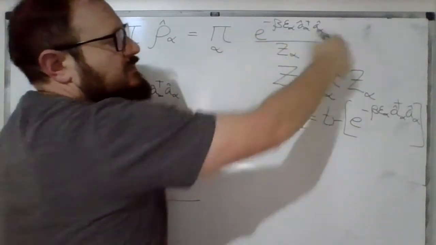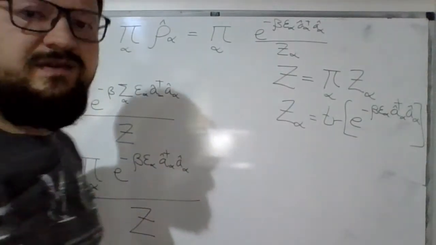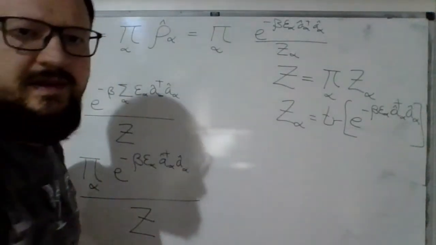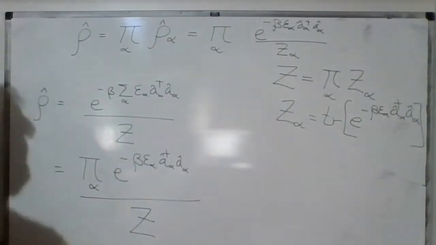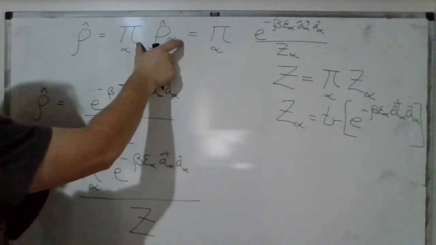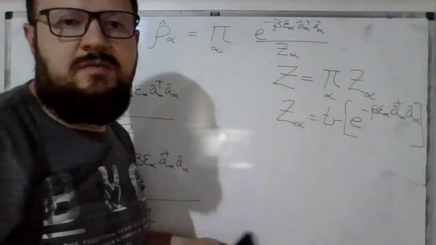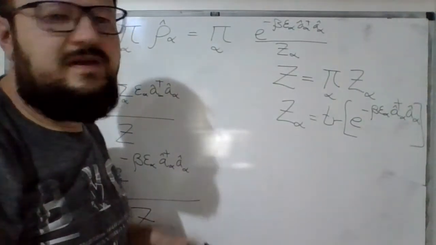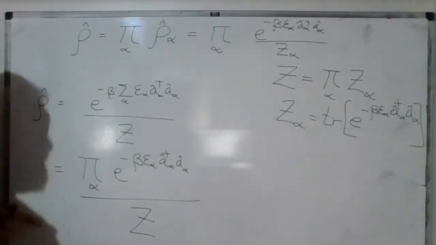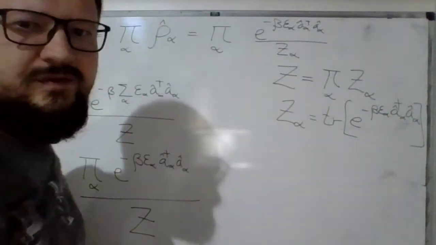It is a product of 1s, and therefore you have 1. So the trace of the density matrix is exactly 1. For any given alpha, the subsystem is already normalized, so the trace of a part of the total density matrix is 1, and therefore the trace of the product is also 1.